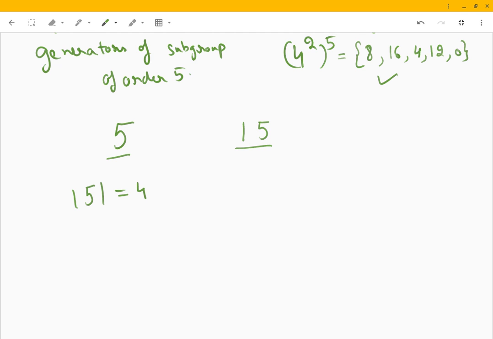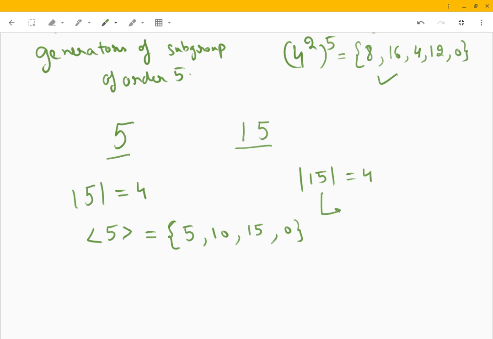The order of 5 is 4, and the order of 15 is also 4. So what will be the cyclic group generated by 5? It will be 5, 10, 15, and 20, which is 0. 20 mod 20 is 0.